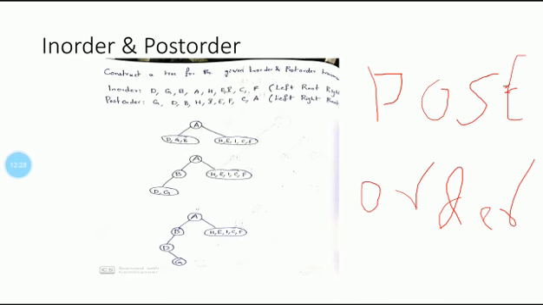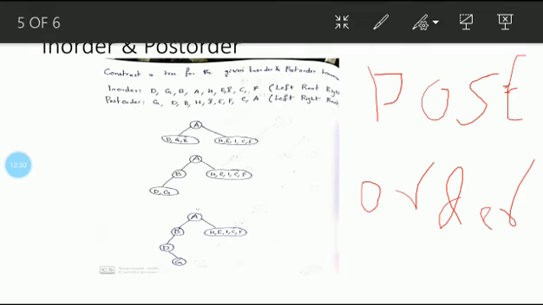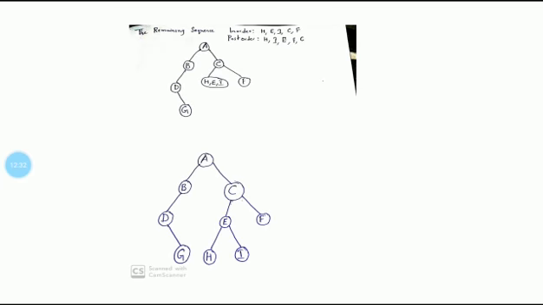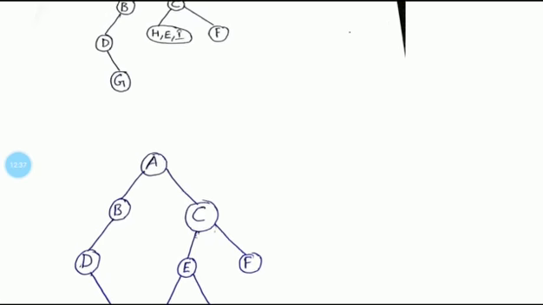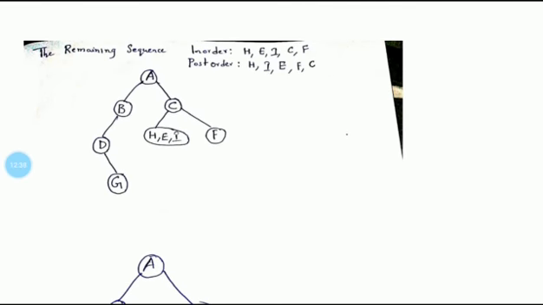Now coming to the right subtree of A. We are left with the right subtree, that is HEICF. That's it, HEICF.